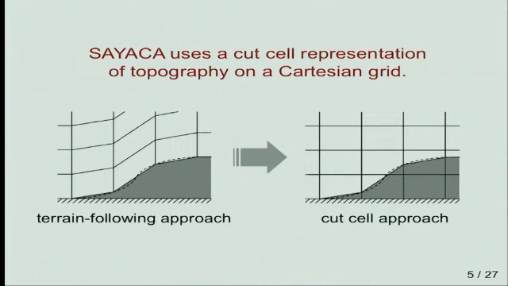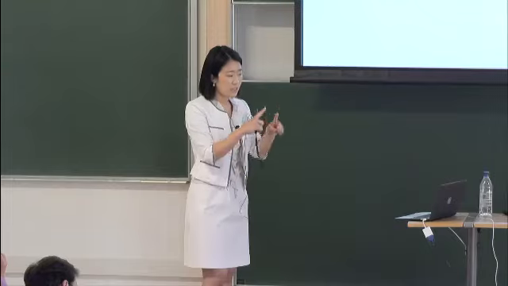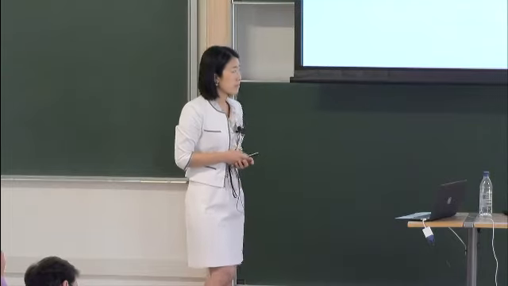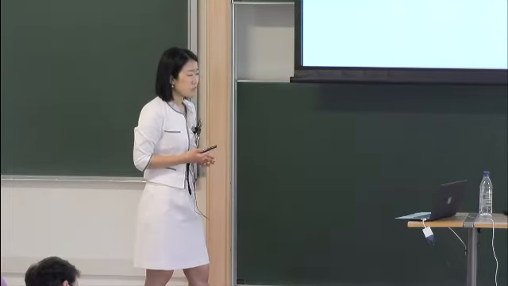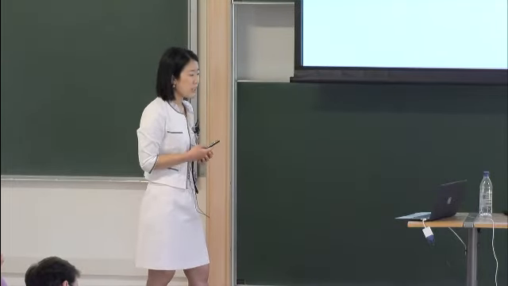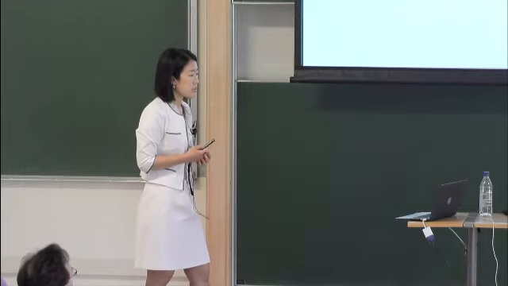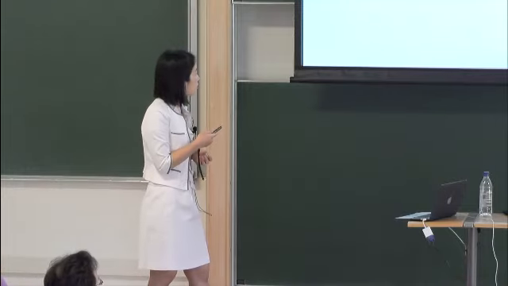However, when the slopes get steeper, it is well known that terrain-following models suffer from large truncation errors due to the distortion of grid lines. In particular, inaccurate evaluation of the pressure gradient leads to artificial circulations around steep slopes.